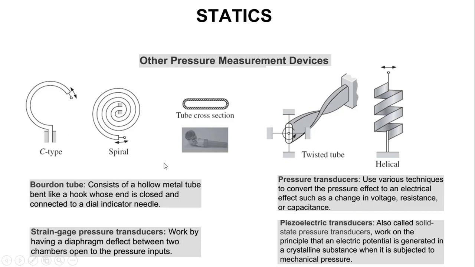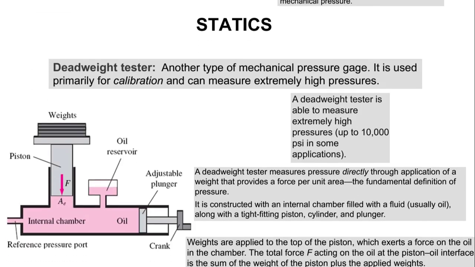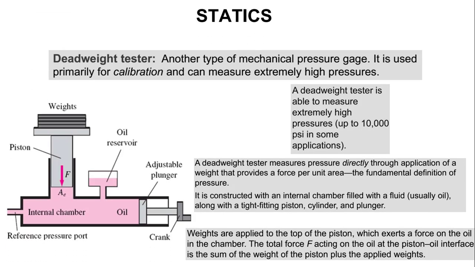We've got mechanical devices, Bourdon tubes, strain gauges, pressure transducers, piezoelectric transducers, and so on. So when it comes to measuring pressure, it just depends on what type of pressure you want to find and what conditions you have to take into consideration. But in fluid mechanics, we'll use mainly U-tube manometers.